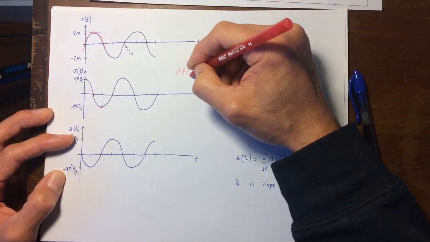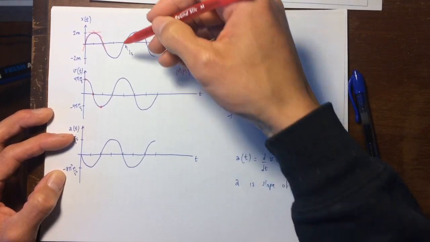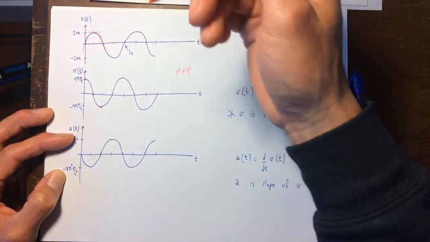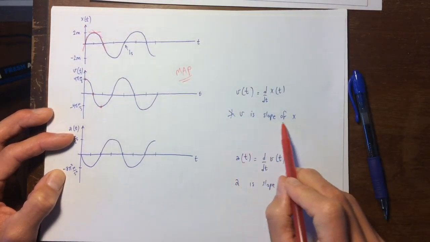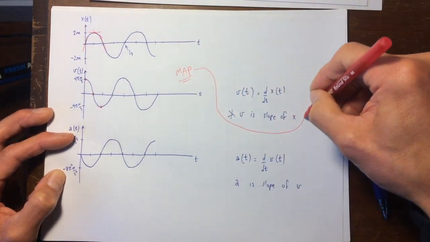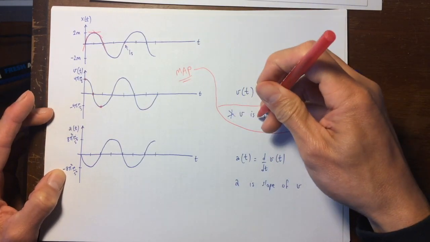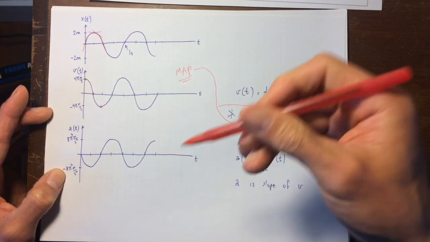How do you map or understand the conceptual relationships between x and v? It's thinking this way. This is the map. This is how you understand the relationship. This map relationship happens here as well.